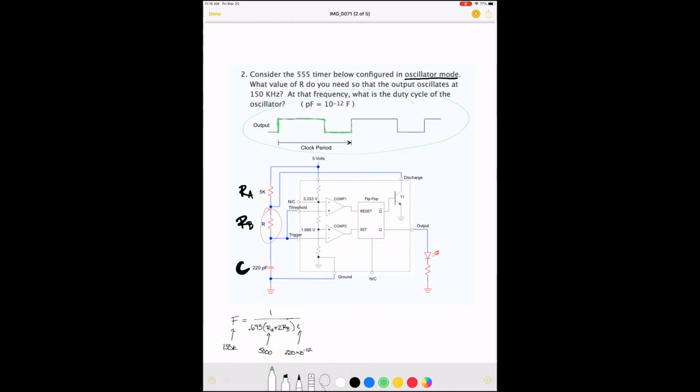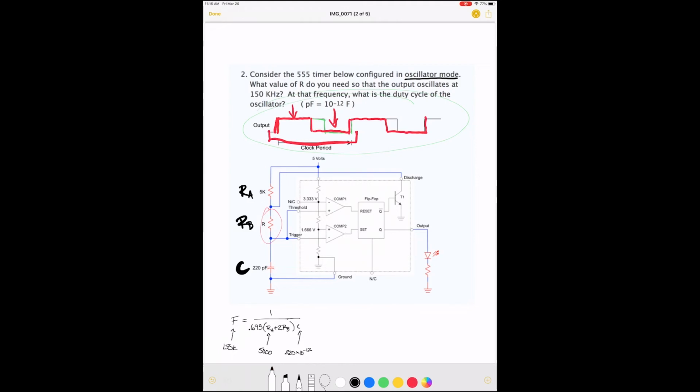If it were exactly even, so pretend that those are even, then this duty cycle would be 50%, because half of each period is high and half is low, and the duty cycle is just the percent of time that a signal is high compared to low. So we're finding the percent of time that this certain frequency in this oscillation is high.